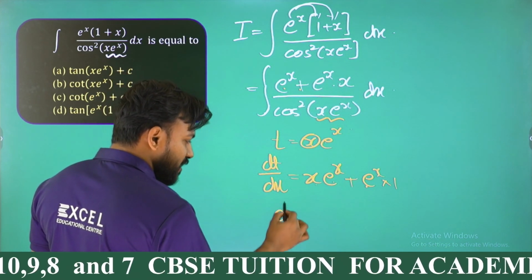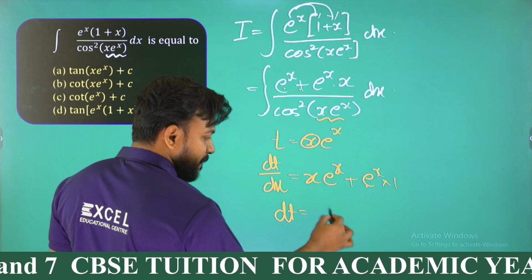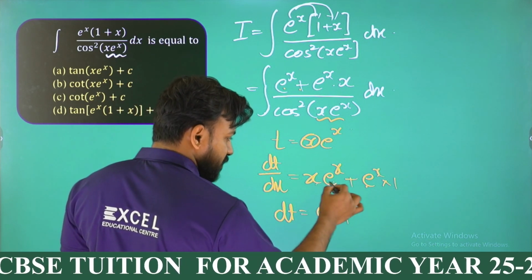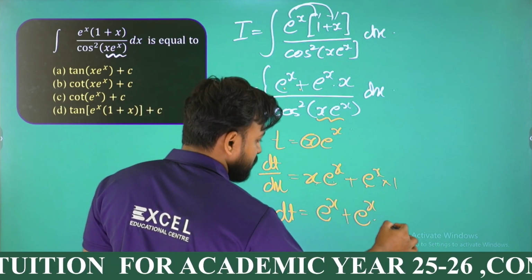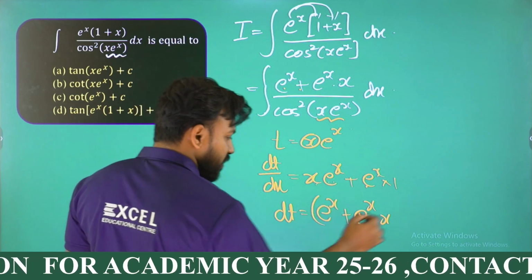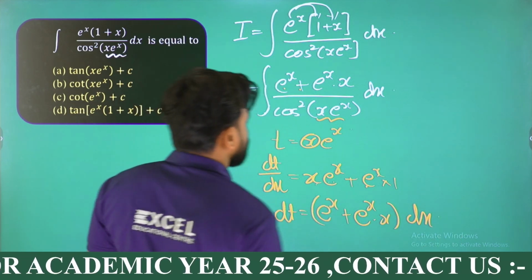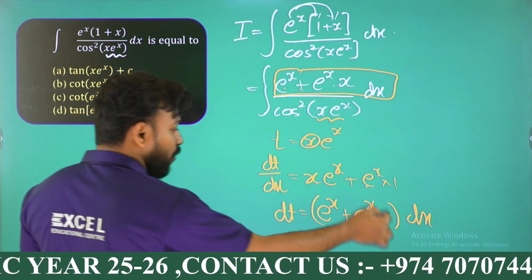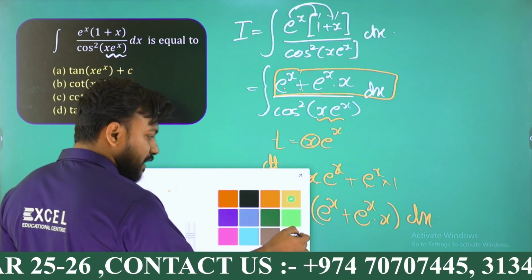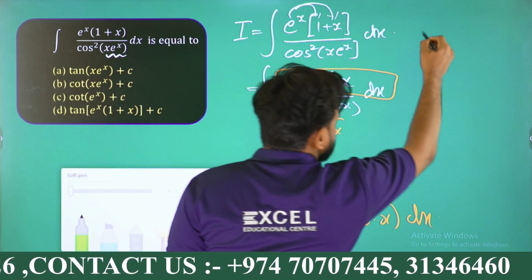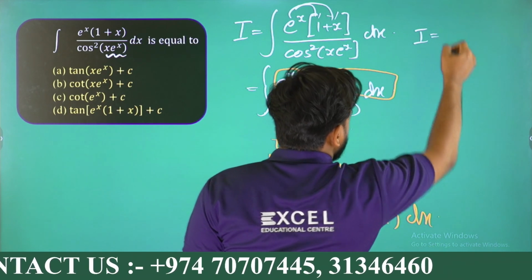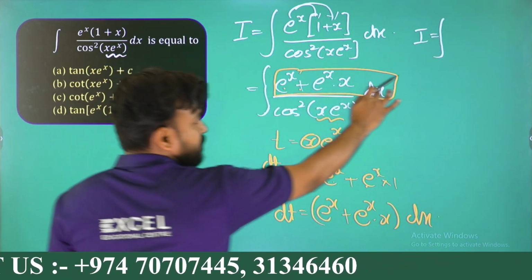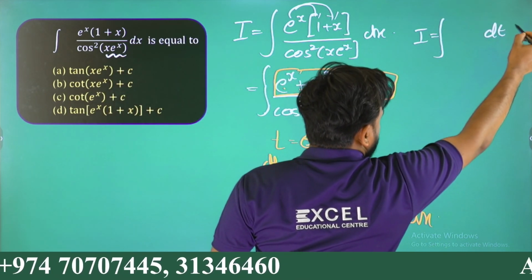So what you got? dt is equal to e raised to x plus x into e raised to x, and this dx goes over there. So you can see that e raised to x plus e raised to x into x, into dx, all of that becomes dt. Then I is equal to what? Integral, all this becomes dt.